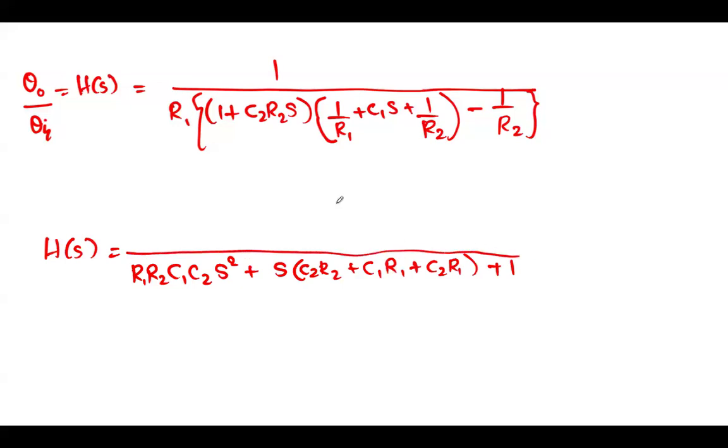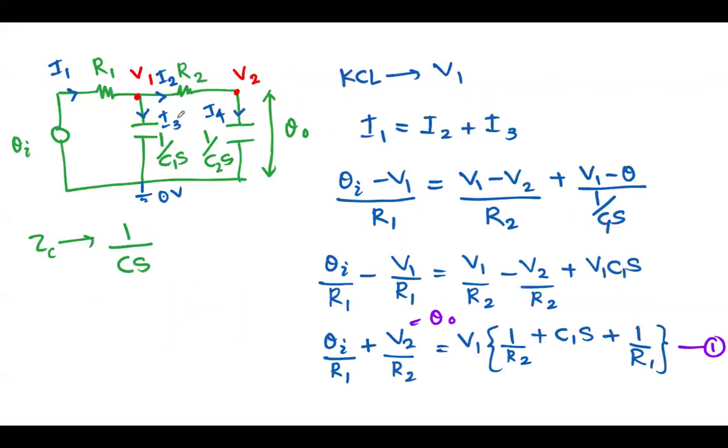Numerator is 1. You can see the polynomial of the numerator is to the power 0. And here the maximum s power value is 2. And this is the final transfer function of that simple electrical circuit.